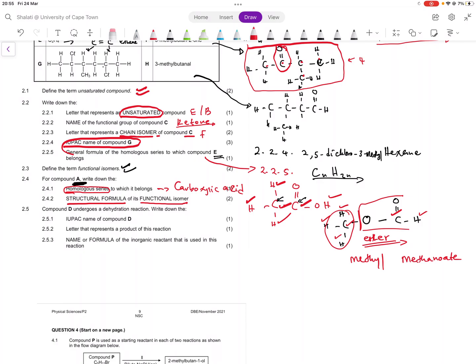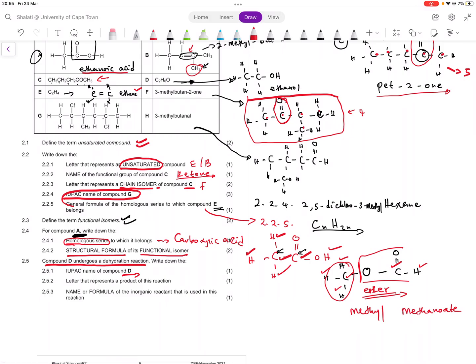Okay. And then compound D undergoes dehydration. Write down the IUPAC name of compound D. We already did it. The IUPAC name is ethanol. Okay. The letter that represents a product of this reaction. So let's see. It undergoes dehydration. So let's draw the molecule.